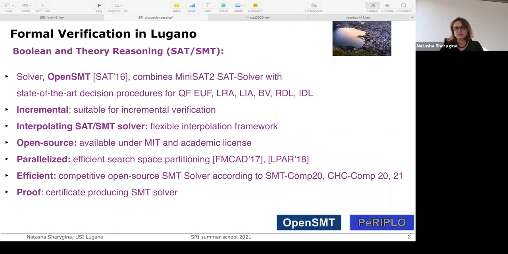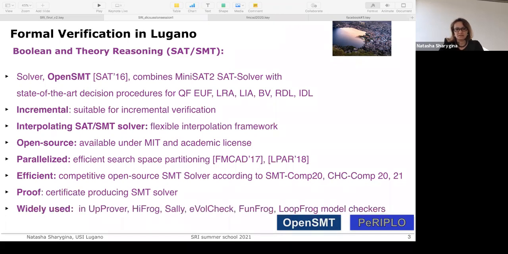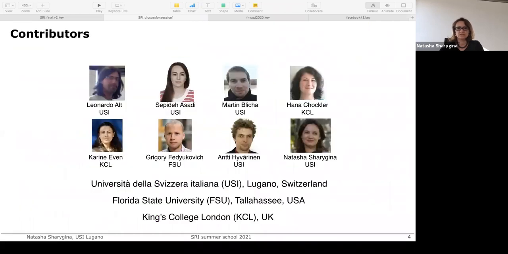We have not done this yet, but potentially we are thinking of integrating it with model checking to guarantee that the model checker is also doing the right thing, because all our tools are tools at the end, and you would like to have periodic checks and guarantees that the tool is actually doing the right thing. Not just that the algorithm is correct, but that the implementation of it is also right. Many tools are using OpenSMT, and as I said, UpProver and HiFrog are very good instances.